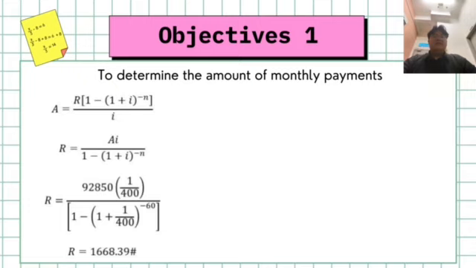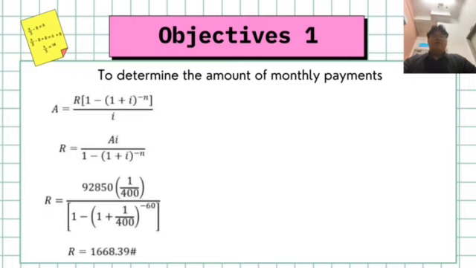Objective 1. To determine the amount of monthly payments. A equals R times (1 minus (1 plus I) to the power of negative N) over I. From the equation, we can get R equal to AI over (1 minus (1 plus I) to the power of negative N).